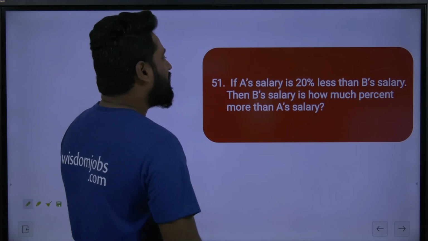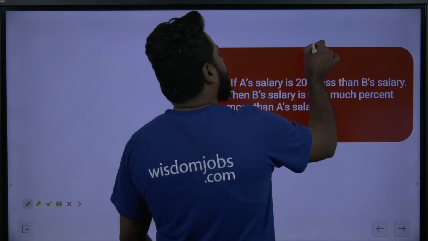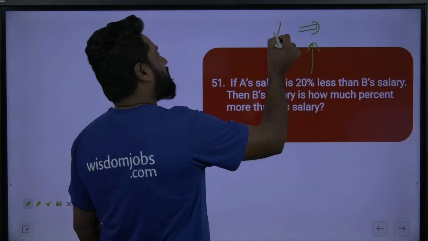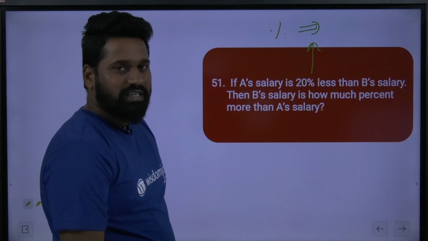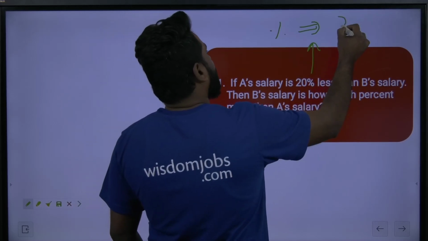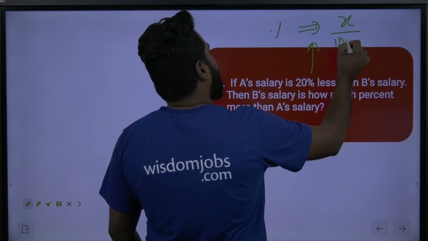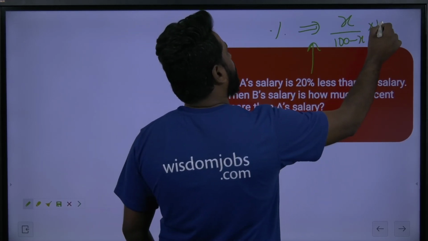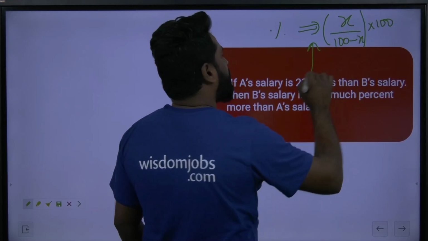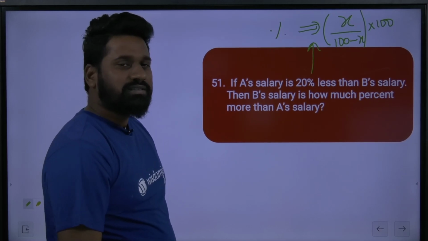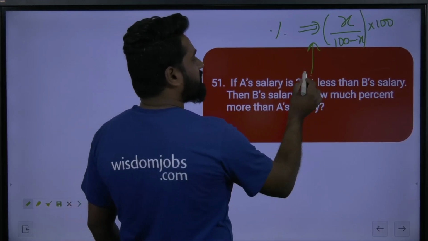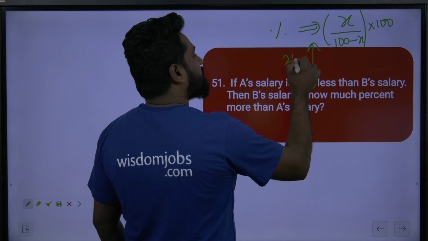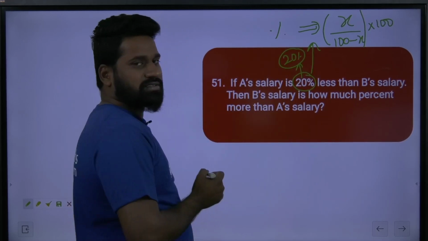For example, when this type of question is given, directly you have the formula. Percentage of salary is equal to x by 100 minus x into 100. But x is nothing but this value, 20% less is given, right? That is x.